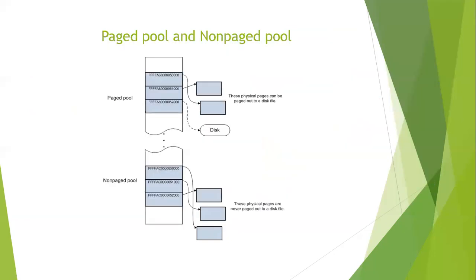I'm not going much into that, but for now understand the paged pool and non-paged pool. What does it mean? Can anyone tell me, if you have an idea, what is the page size in Windows?